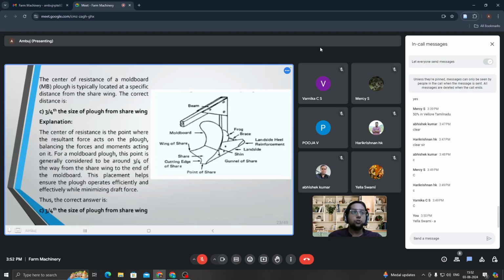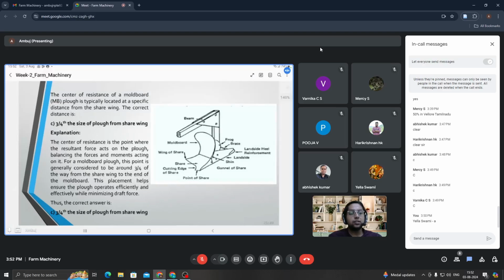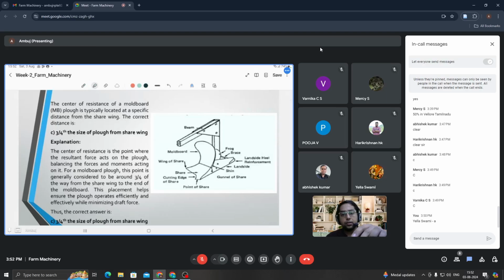So here I have clearly written what the center of resistance is. It is the point where the resultant force acts on the plow, balancing the forces and moments acting on it. This is the explanation.